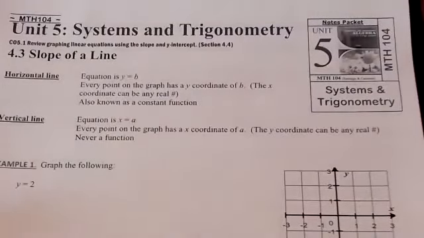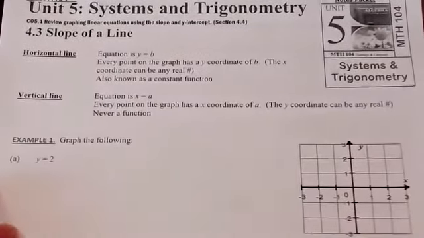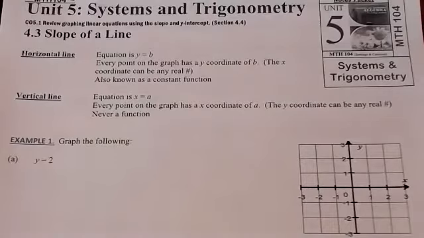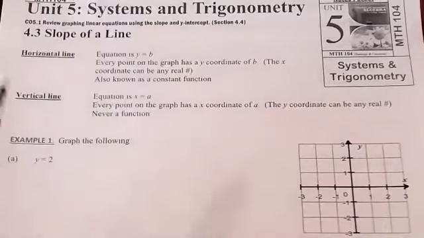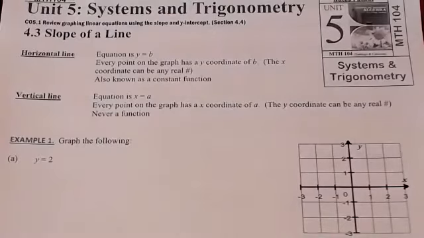So we start off with a recap of our slope discussion. We start off by talking about horizontal lines and vertical lines. As a reminder, a horizontal line is always of the form y is equal to a number, and a vertical line is always of the form x is equal to a number. So when we're asked to graph y is equal to 2, that means I need two ordered pairs where y is 2.